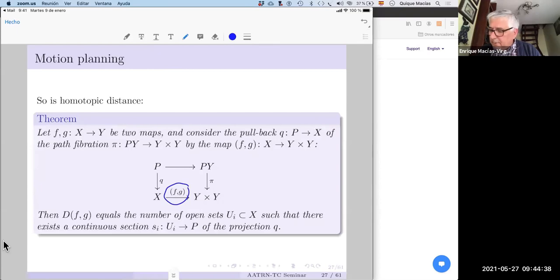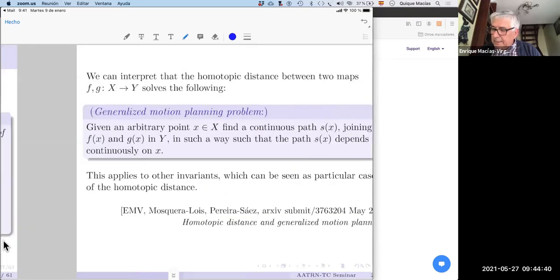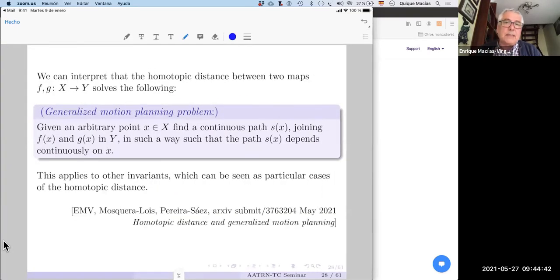With this interpretation, we can see the homotopic distance between two maps as a solution for the following generalized motion planning problem. If you have an arbitrary point x in X, you must find a continuous path s_x joining f(x) and g(x) in Y in such a way that the path depends continuously on x.